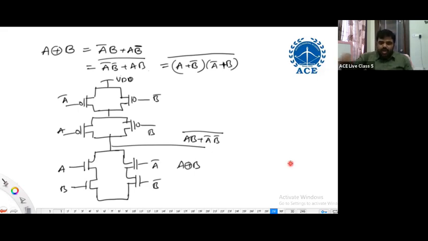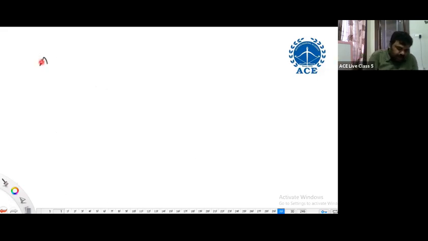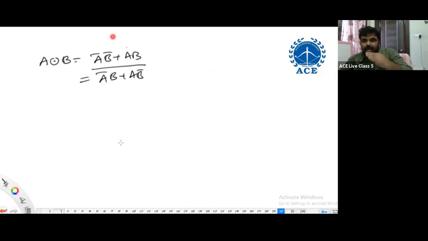So if it is A XOR B, that you can complete it, is equal to A bar B bar plus AB, which is equal to A bar B plus A B bar whole bar. This is the advantage of complementary CMOS, I'm utilizing that advantage.